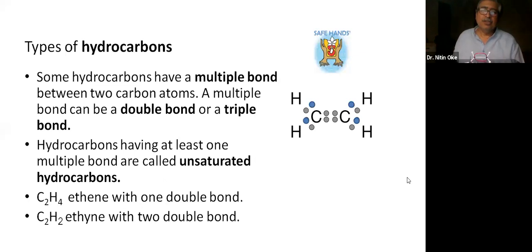Then if there are two double bonds, then it is called as ethene. This is ethane. So the general name will be alkane. And this will be alkyne.